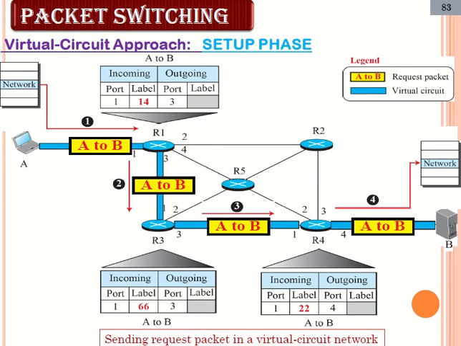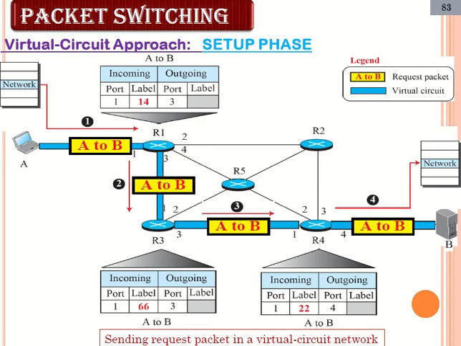Okay, so it is going to assign the port and the corresponding label. Similarly, it is going to assign the output port. Remember, the label for the output port is not mentioned now, and that outgoing label will be calculated during the acknowledgement step.